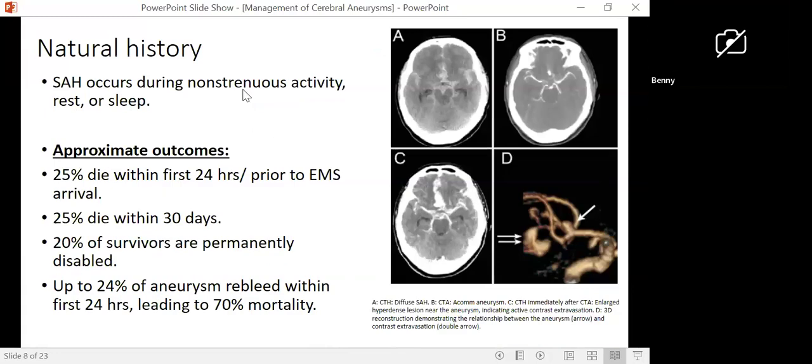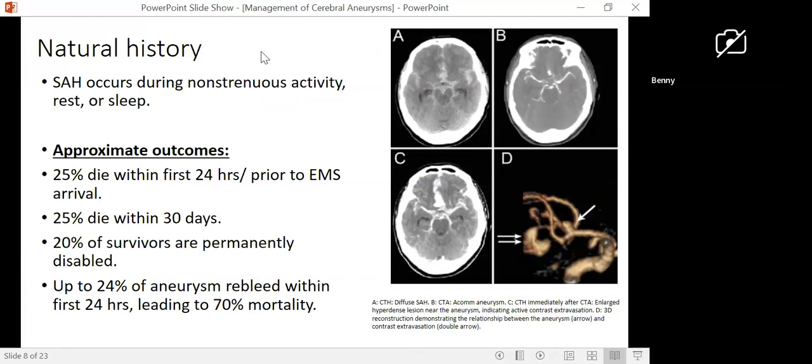So the natural history of subarachnoid hemorrhage: usually these hemorrhages occur during non-strenuous activity, rest, or sleep. So when I ask patients what they were doing when they had their worst headache of their life, their thunderclap headache, they were shopping for groceries, they were watching TV, they were cooking, they were outside smoking a cigarette.